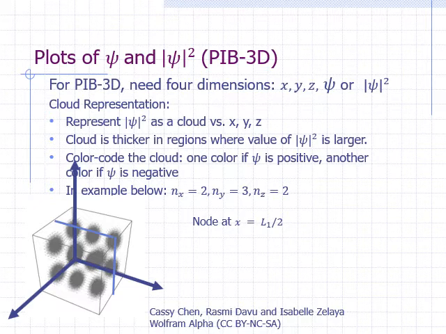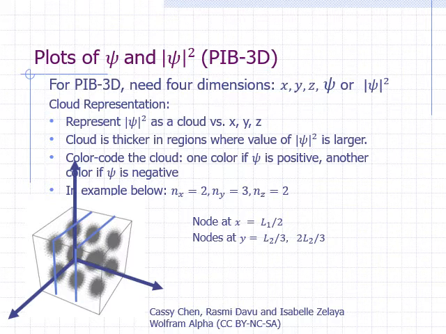With n sub y equal to 3, we expect 2 nodes along the y-axis at y equals L2 over 3 and 2L2 over 3. These are planes parallel to the xz plane. These planes divide the box into 3 sections.